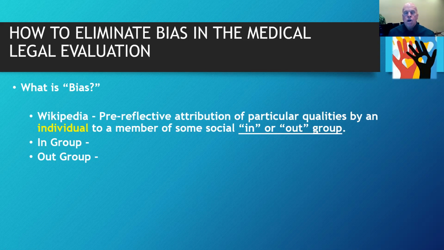Now, there's this concept of what are called social in-groups and social out-groups. Social in-groups include people that are like us, that are like you. So when a person is the same gender as you, they fall in your gender in-group. When the person is from the same nation of origin as you, they fall within your same national origin in-group. When people are like you, they fall into your general box of categorization, referred to as your in-group.